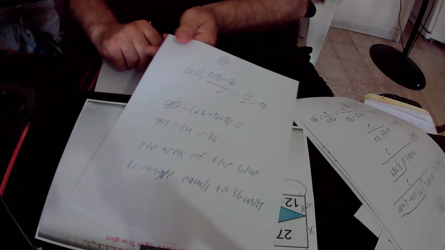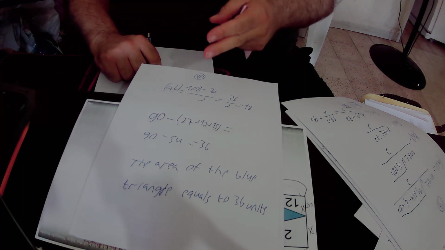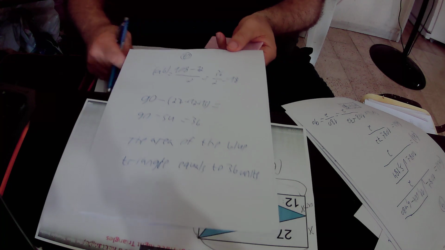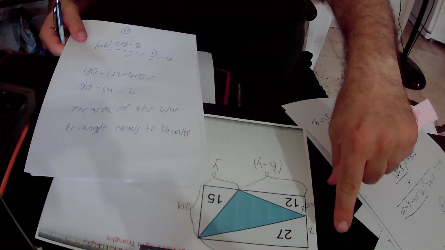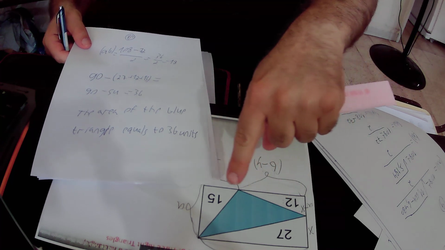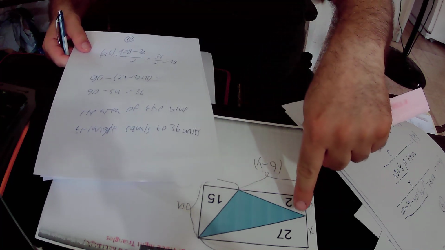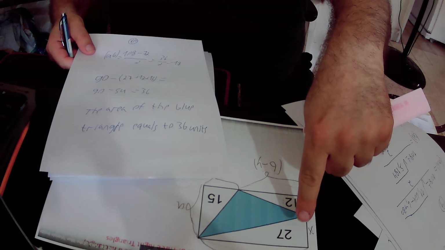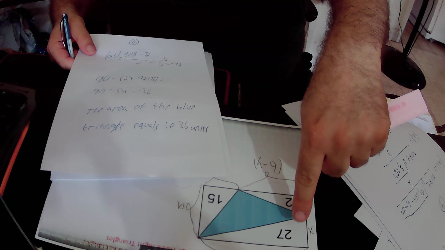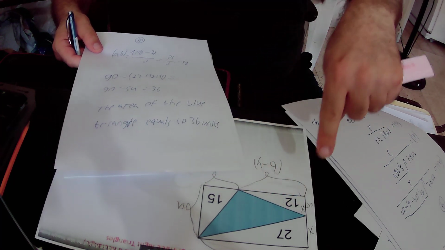Okay, the area of the blue triangle is actually the area of the rectangle minus the sum of the areas of the three right triangles, that is 27 plus 12 plus 15.